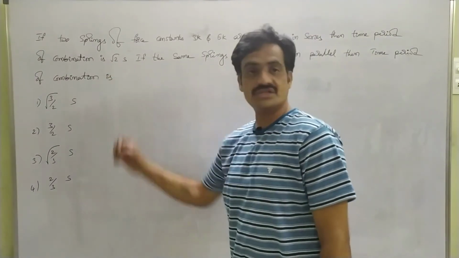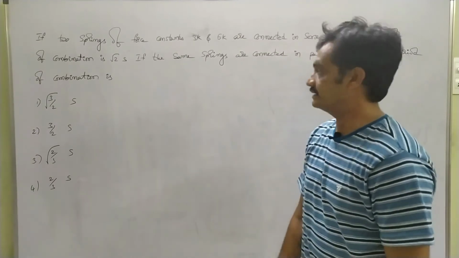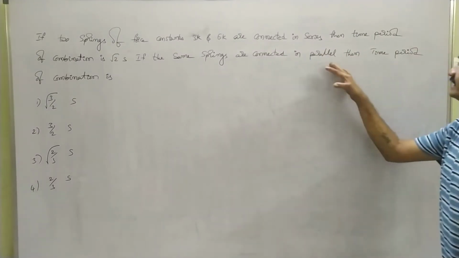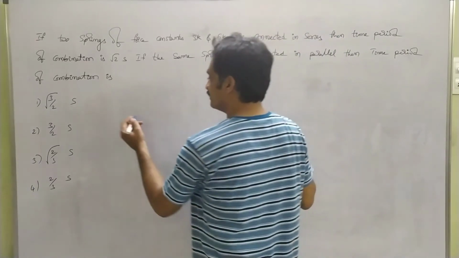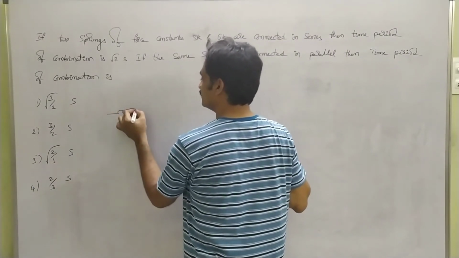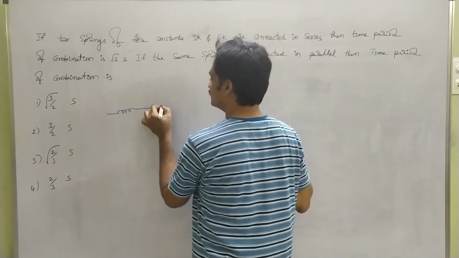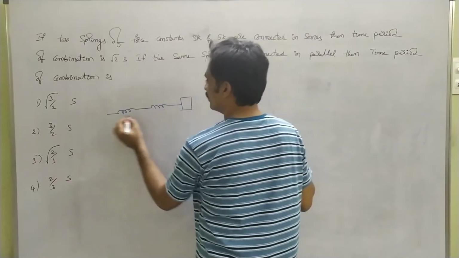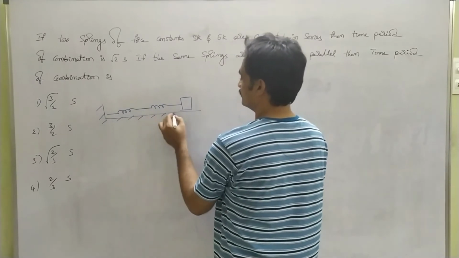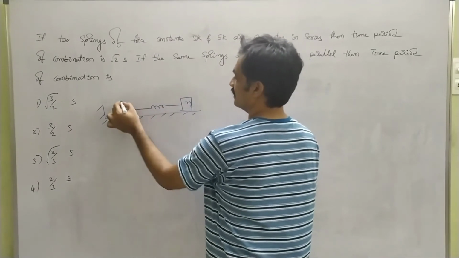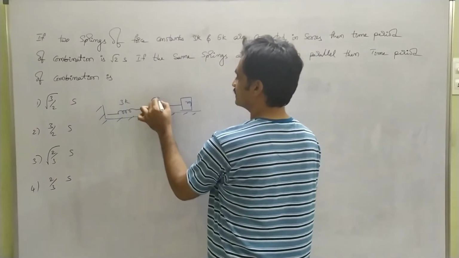Observe the next problem. If two springs of force constants 3k and 6k are connected in series, then the time period of this combination is root 2 seconds. If the same springs are connected in parallel, then what is the time period of the combination? Here he has represented two springs which are connected in series to a body of mass m, 3k and 6k.